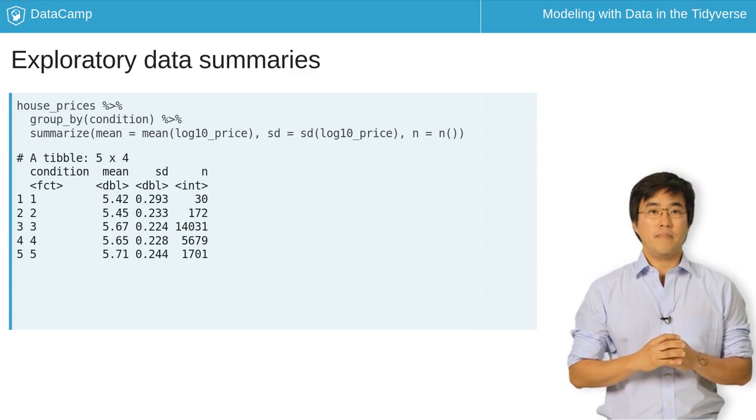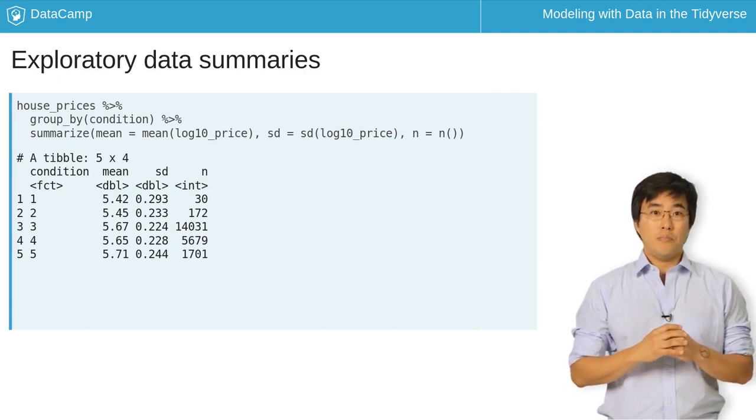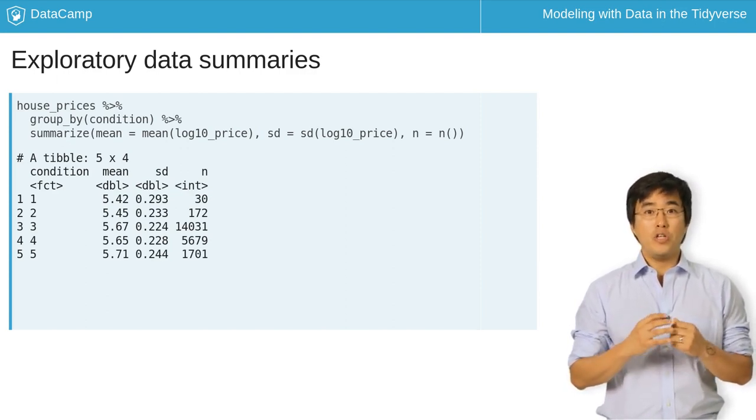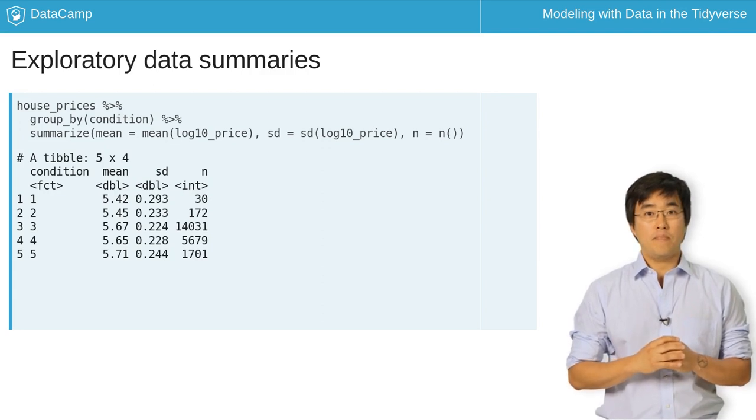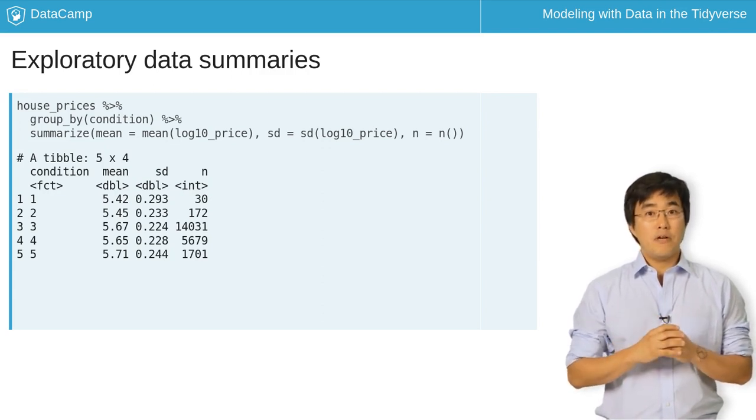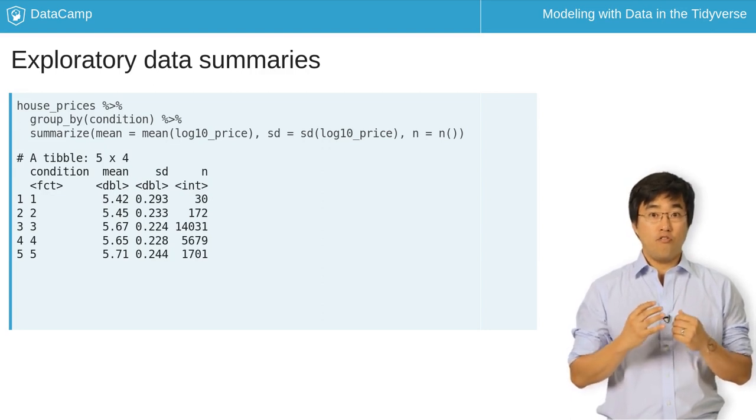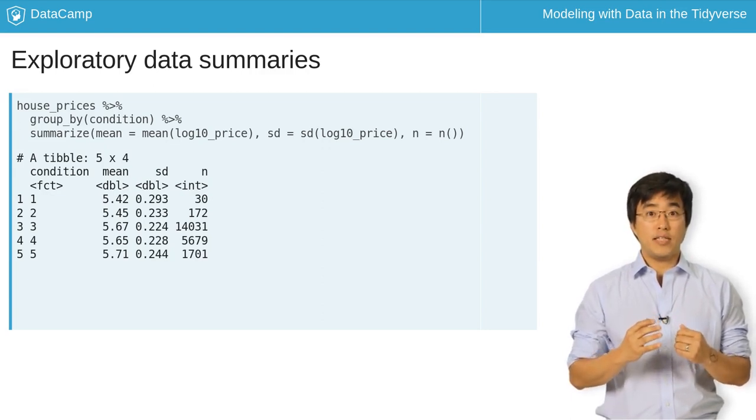Let's start predicting. Say a house is put on the Seattle market and you only know that its condition is 4. A reasonable prediction of its log10 price is the group mean for the condition 4 houses of 5.65.